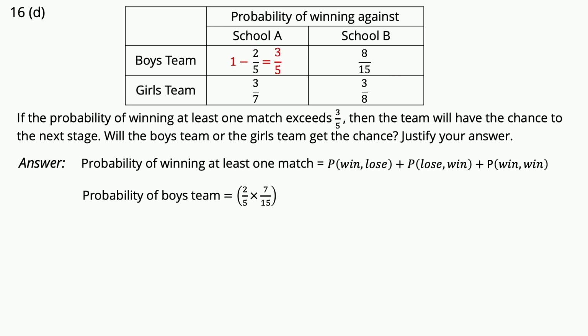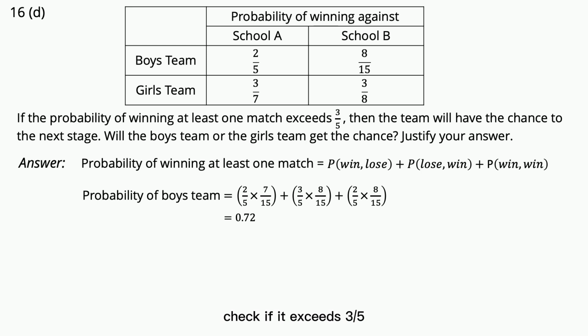Lose 1 minus 2/5, win 8/15, so 3/5 times 8/15. Win 2/5, win 8/15, so 2/5 times 8/15. Add up the fractions. The calculated result is 0.72.